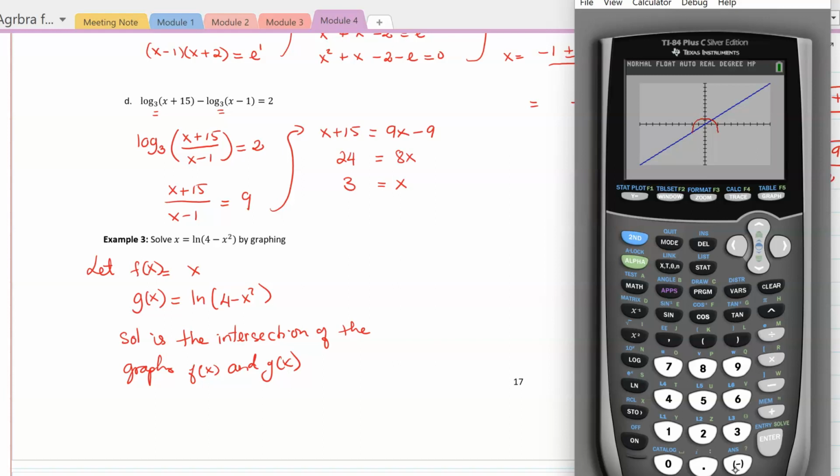We see that there are two intersections. Let's calculate the intersection. Here's our first curve, and the second curve, and that is the point. The intersection there is x equals negative 1.96.